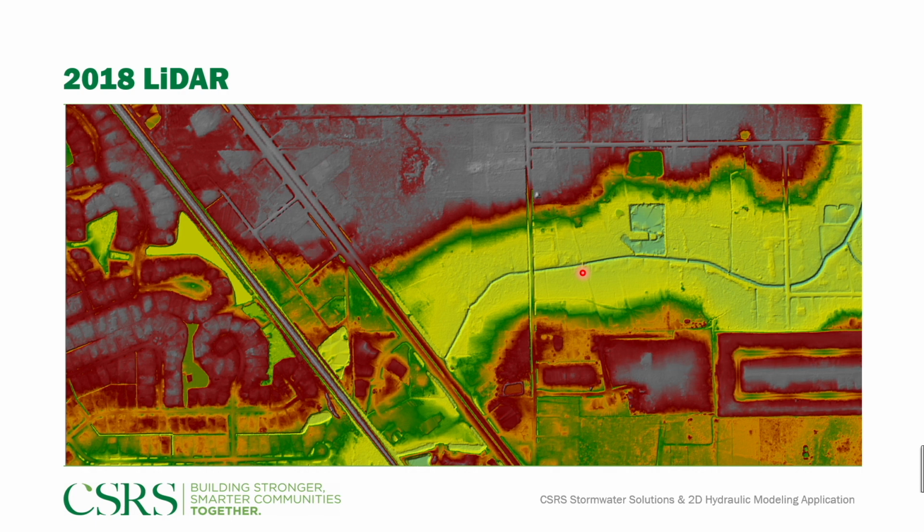So we do have to go in and provide some traditional survey of the channel cross sections, and then we merge those two data sets, the traditional survey with the LiDAR, to create what we call a topobathy data set, and that's what is used within the hydraulic model.